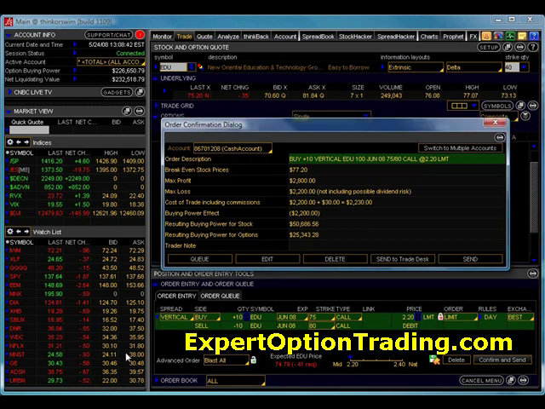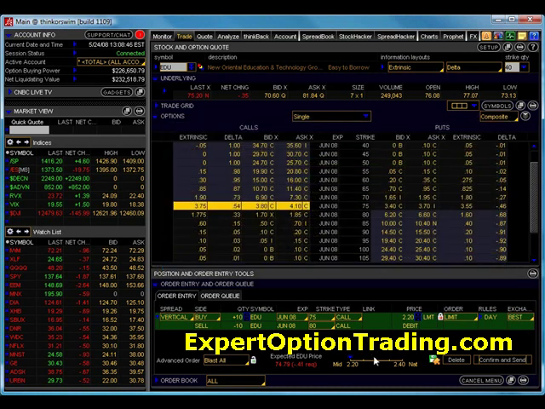So you can see that trying to get the mid price really helps us save money; it's wholesale pricing of the options. Now, like I said, you're not always going to get it at the mid price, but you could even shave the difference between the mid price and the natural price and try for $2.30. If you couldn't get it at the mid price in the beginning, you'd still save quite a bit of money on this 10 lot order.